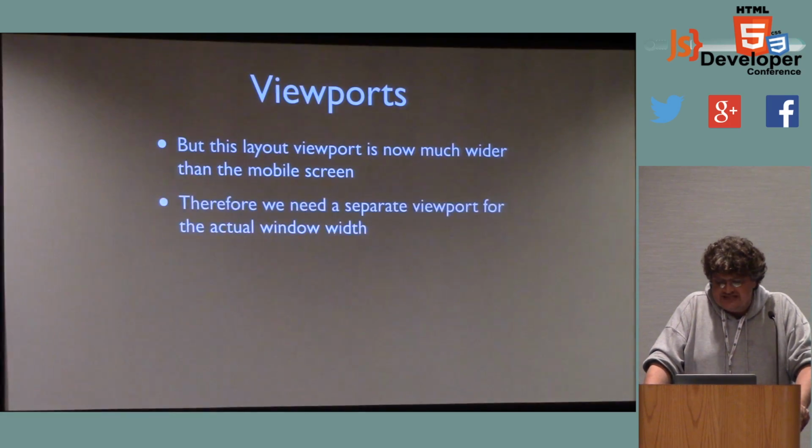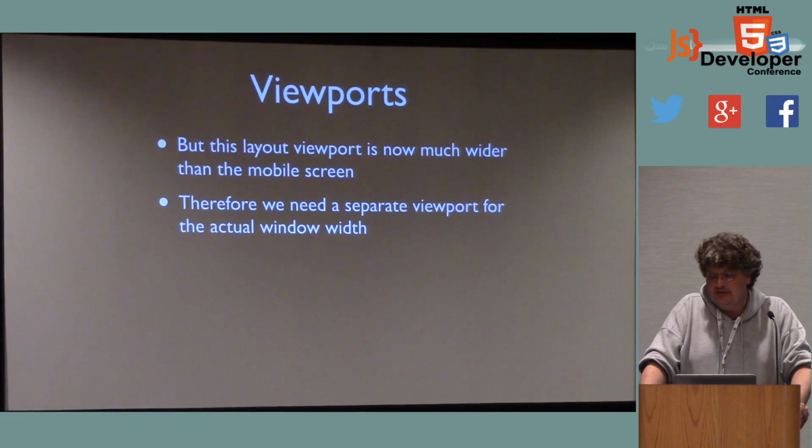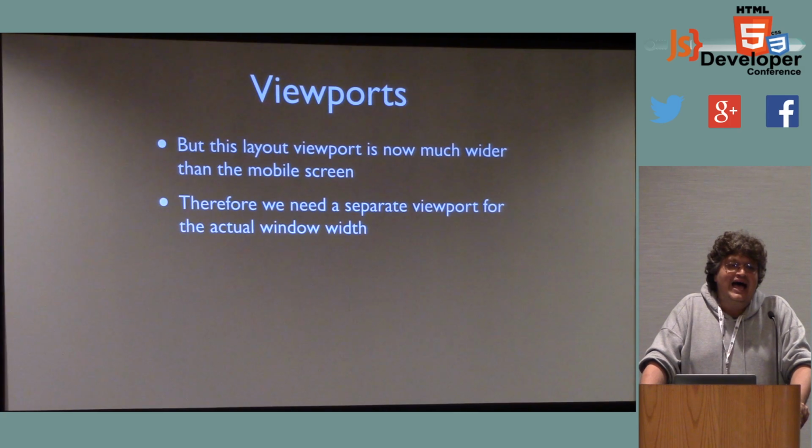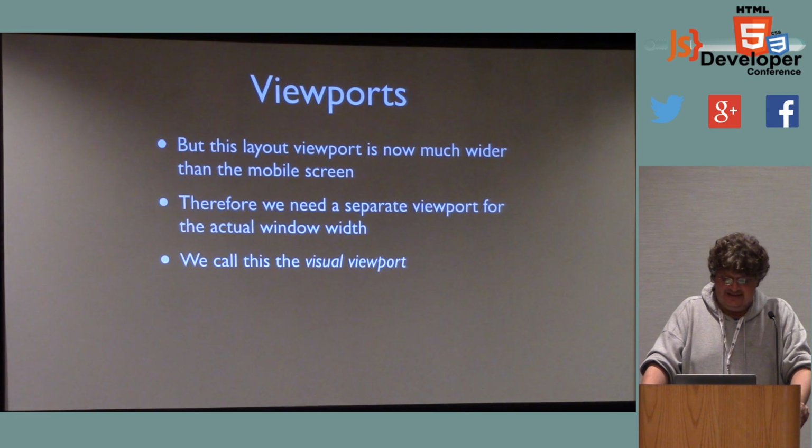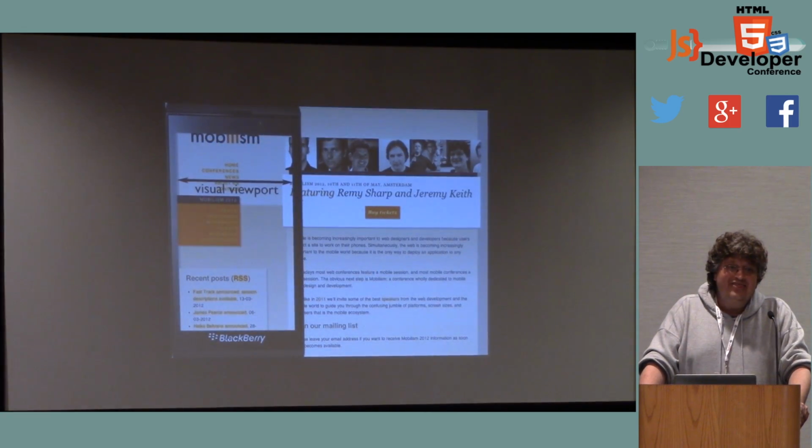However, since the layout viewport is now much wider than the mobile screen, and since we still need to know in some circumstances what the user is actually seeing right now, we need a separate viewport for the actual window width. And that's called the visual viewport. And that's this one. The visual viewport is far less important than the layout one.